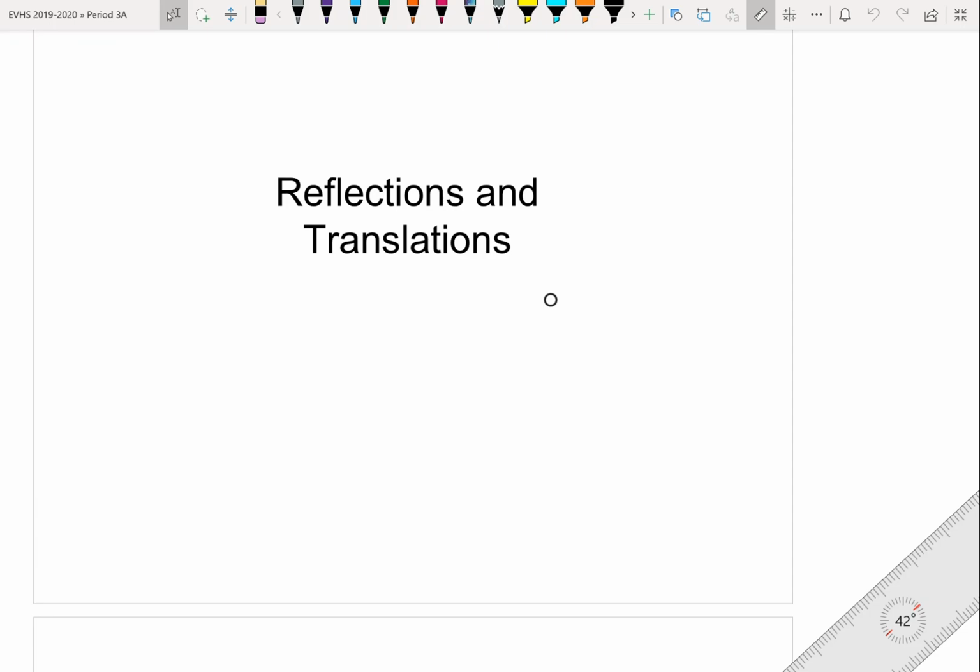The first thing you need to know, and I'm going to use a translation as an example here, and just for simplicity, I'm going to use a circle. If I'm going to translate a circle, translate means just to slide it somewhere across the plane. So I'm just going to move it over, and then it's going to be the exact same circle right there.